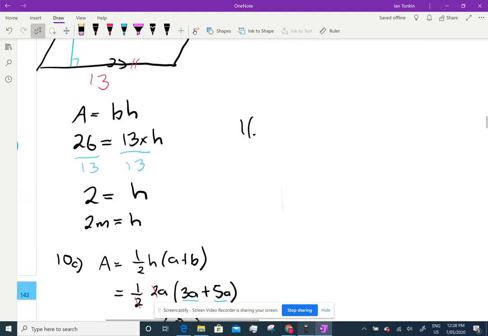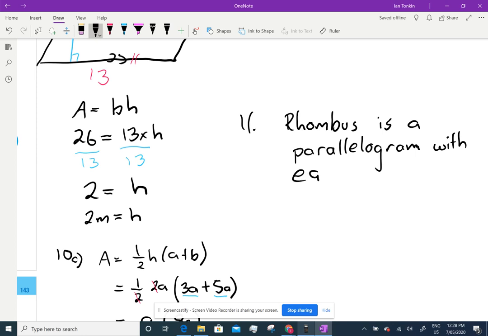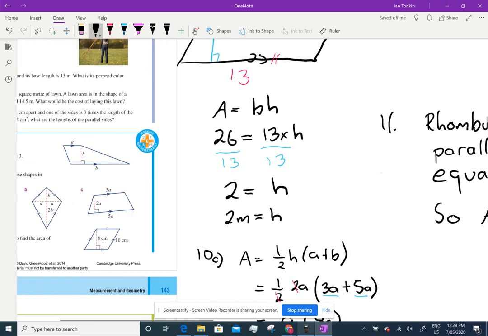So question 11, a rhombus is a parallelogram with equal sides. So the area equals, I can use the parallelogram formula, base times height.